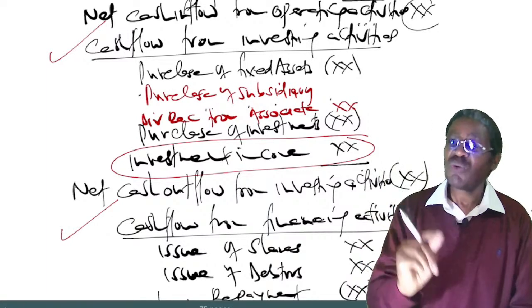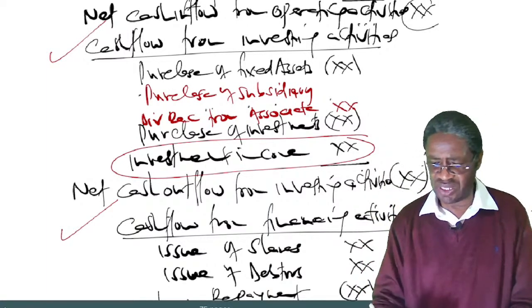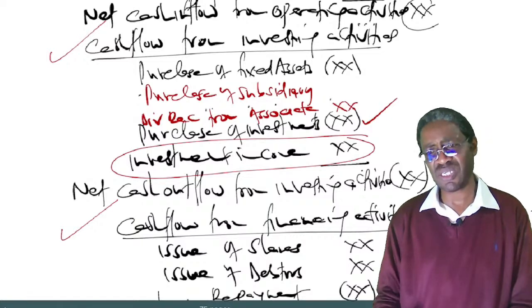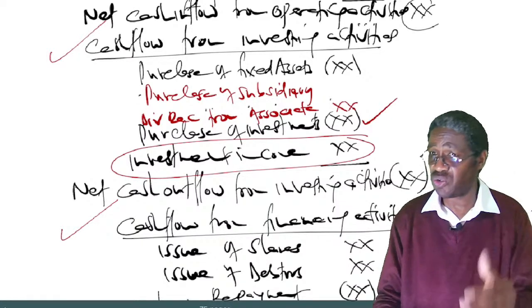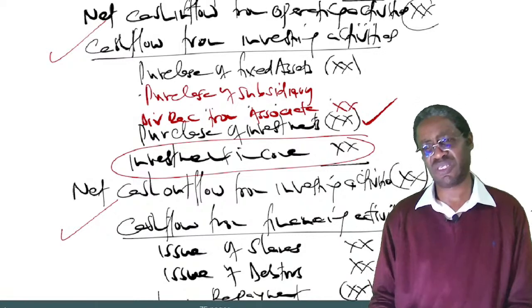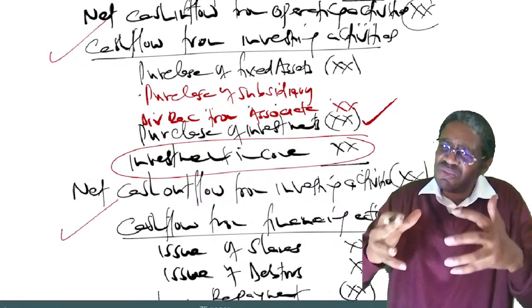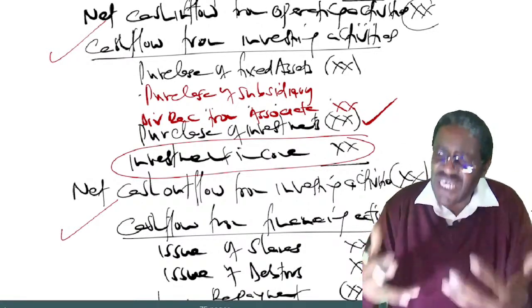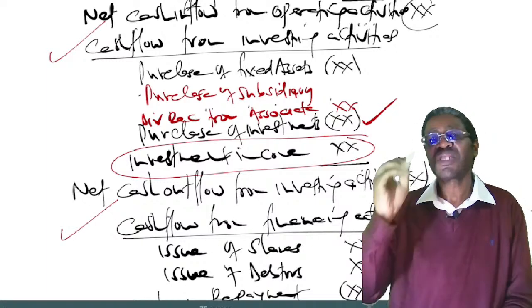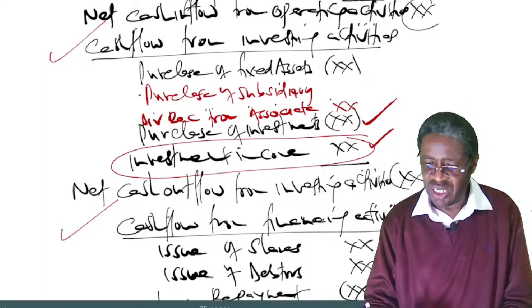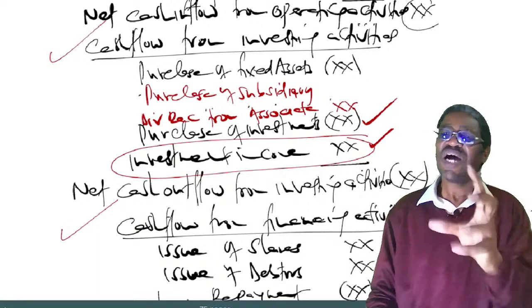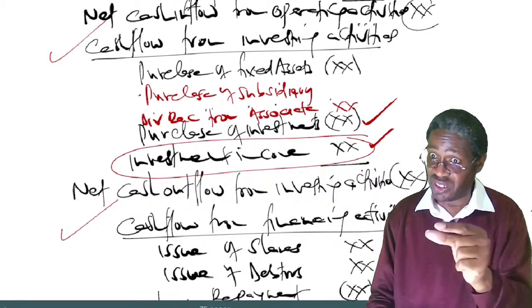So we said when you purchase a fixed asset, or when you purchase an investment, it's an investing activity. And when that investment that you have purchased gives you an income, that investment income should also be classified as an investing activity.